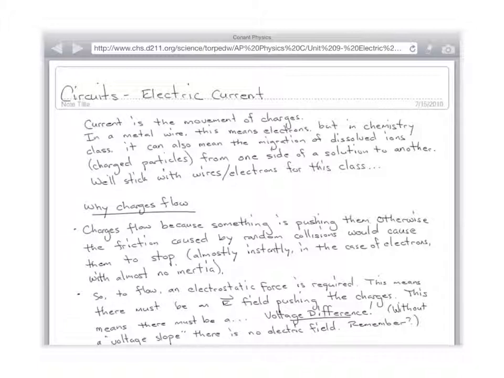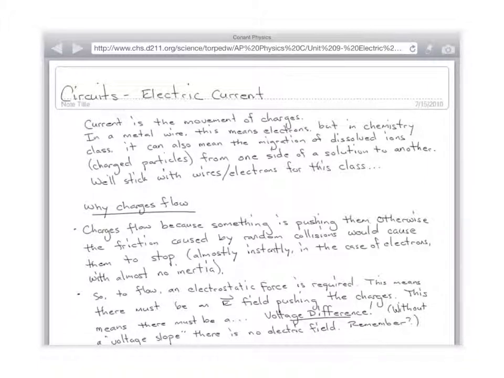So the key to getting charges to flow is to somehow or another set up an electric field in the wire. All right? Now, you guys all took a test on this yesterday, so you know that a good way to set up an electric field is to set up a voltage difference from one side to the other, right?